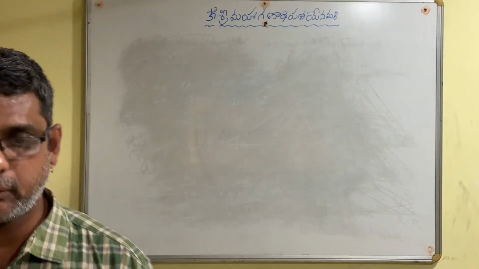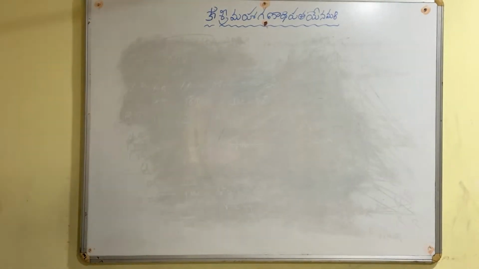Question number 4. Prove that tangents drawn at the ends of a diameter of a circle are parallel.